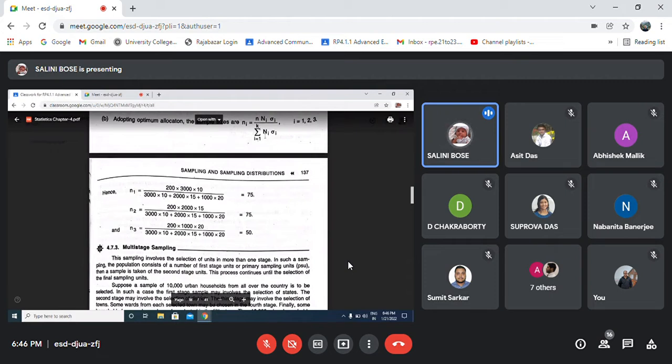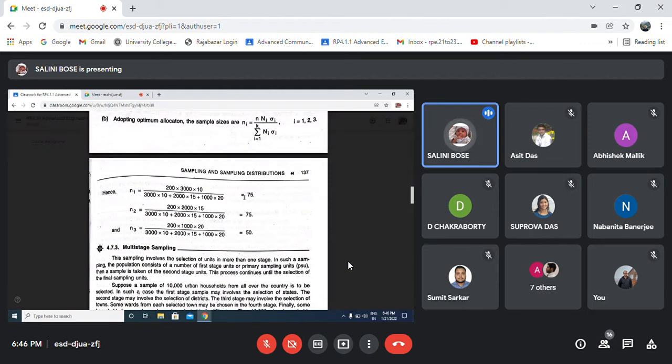So here I have N1 sigma 1 plus N2 sigma 2 plus N3 sigma 3, that is equal to 75. Similarly, we will find n2 and then you can find n3, that is n into Ni sigma i by the summation of Ni sigma i. So you will have 75, 75, 50.